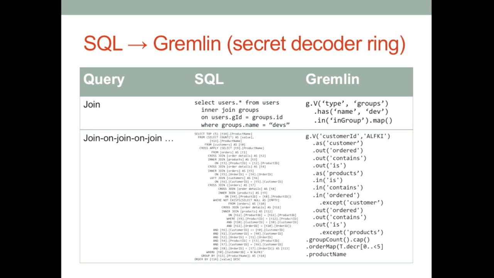Then this last one is kind of the hyperbole slide, right? So you can do joins, which in my opinion are much more natural in a graph type language, and I can say that with a fair amount of confidence.